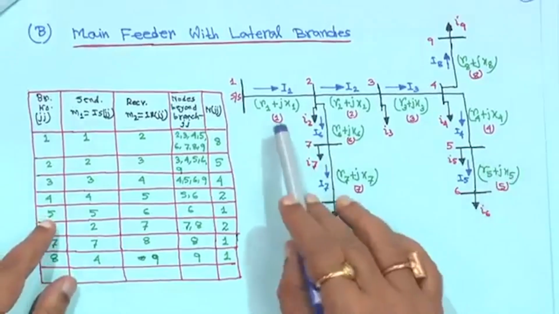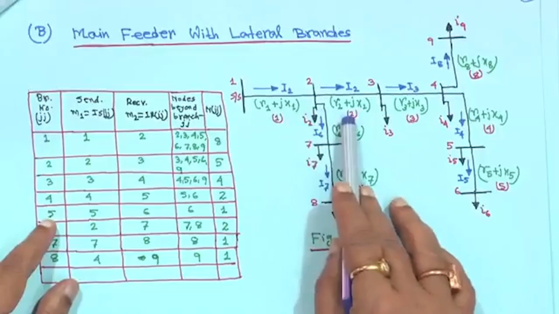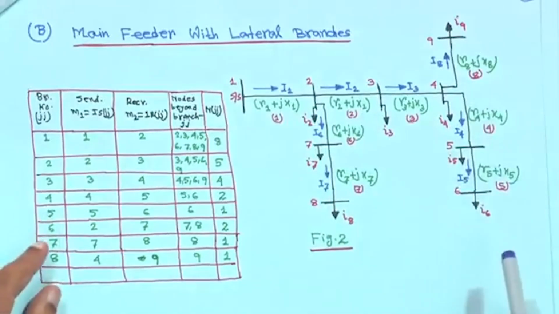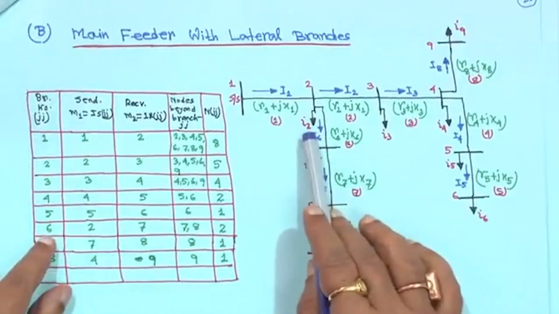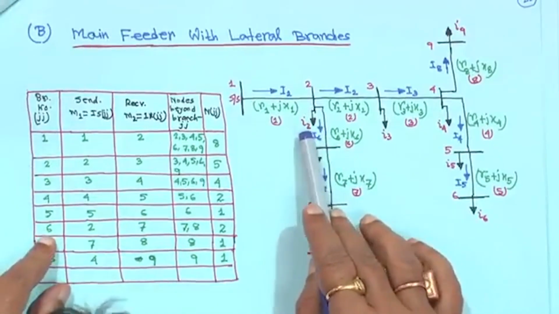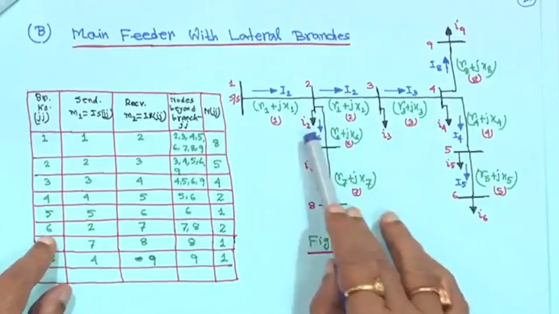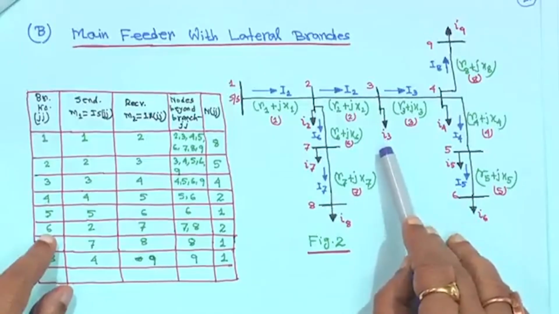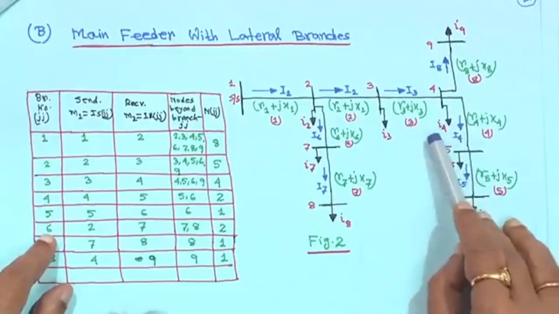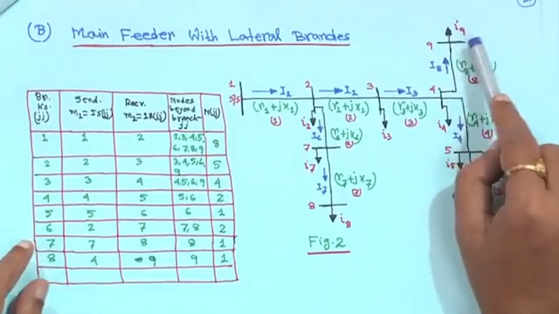The green colored ones are all impedances Z1, Z2, that is R1 plus jX1, R2 plus jX2. Everywhere a load is given; look, at node 2 the load is PL2 plus jQL2, but it is not shown here, otherwise the figure will be very clumsy. For the main feeder case we have shown I3 means PL3 plus jQL3 load, similarly I4 with PL4 plus jQL4, and for I9, PL9 plus jQL9.